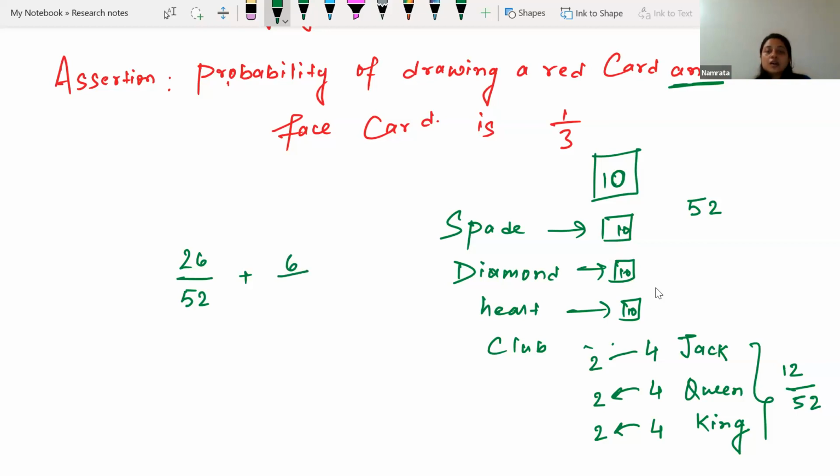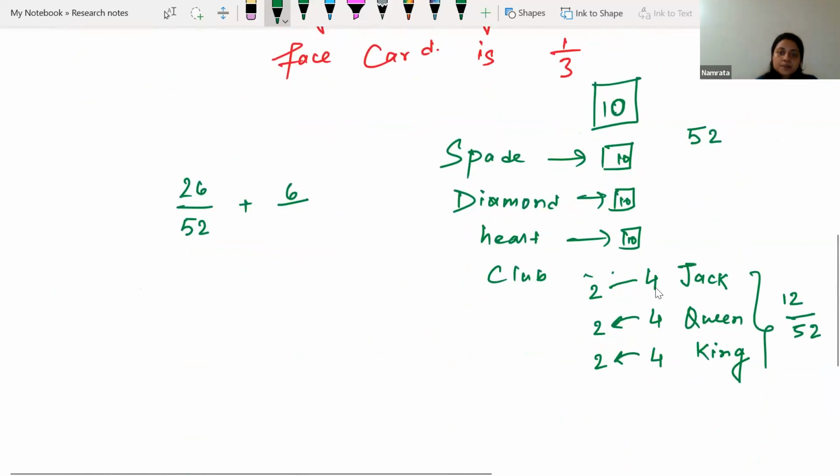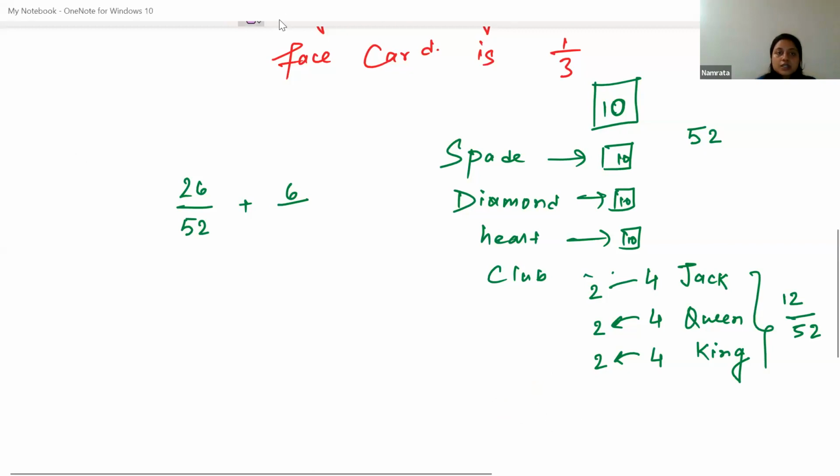So 6 out of the total of 52 cards, not 12. That's how we take each and every case carefully.